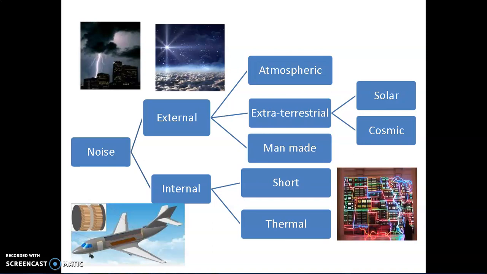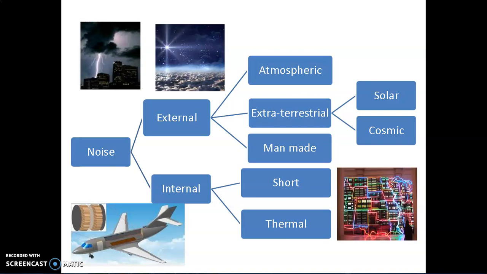Atmospheric noise is due to lightning discharge and other electrical disturbance in the atmosphere. Extraterrestrial noise originates from the sun, called solar noise, and from other distant stars, called cosmic noise.